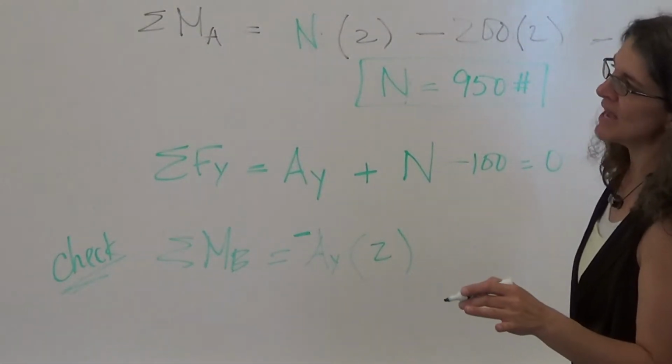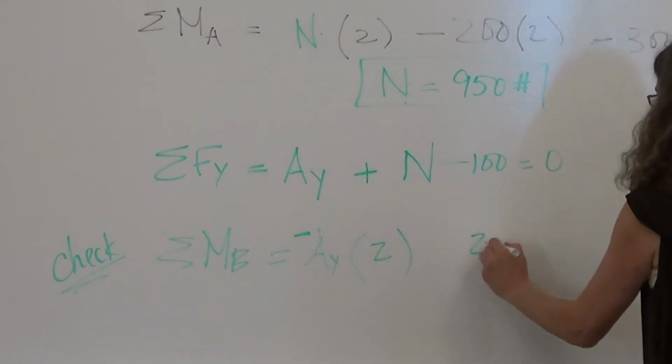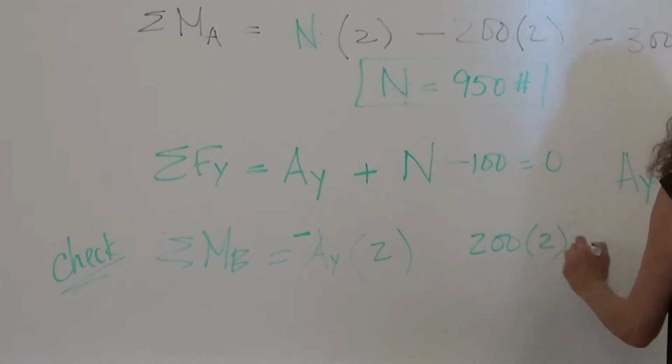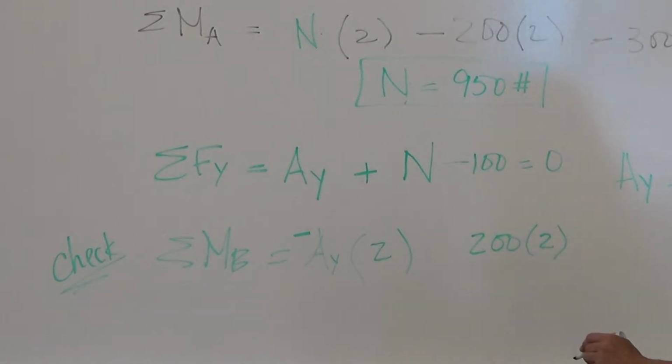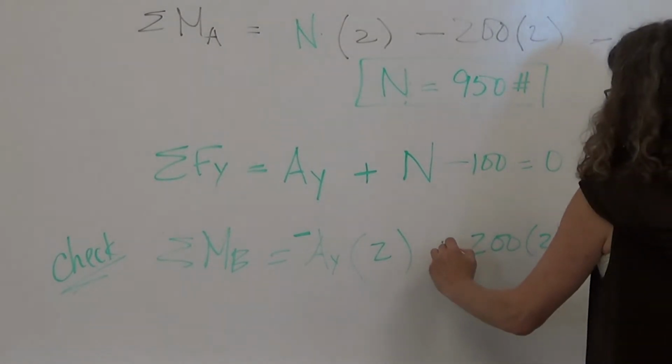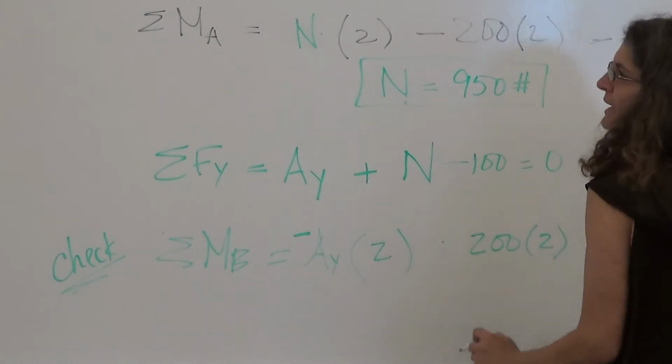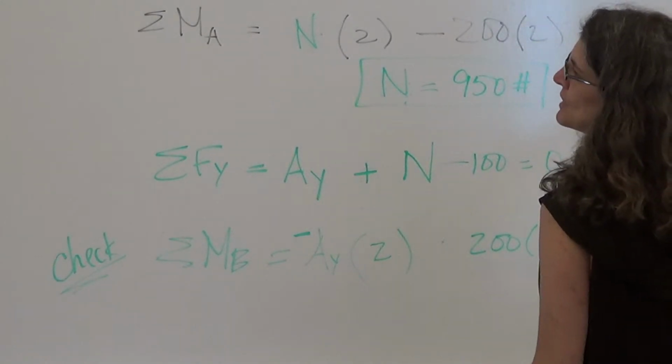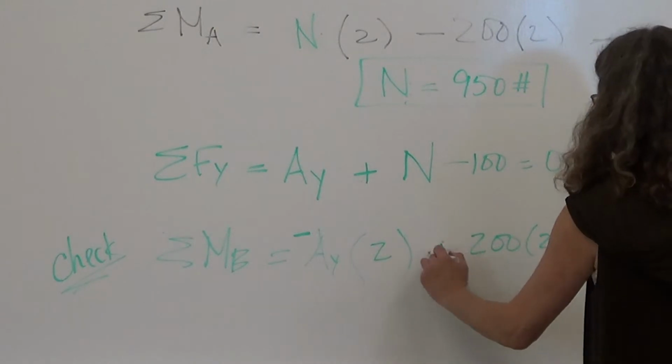And then the AX is canceled, right? And then 200 times, I'm doing it about B. Positive or negative? Try again, fingers go in the direction of the 200, palm goes down towards B.